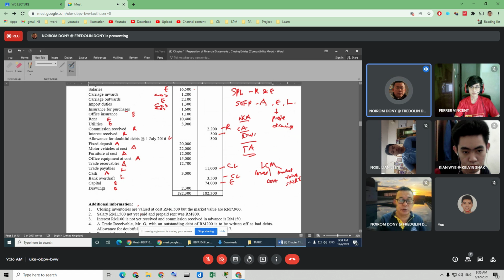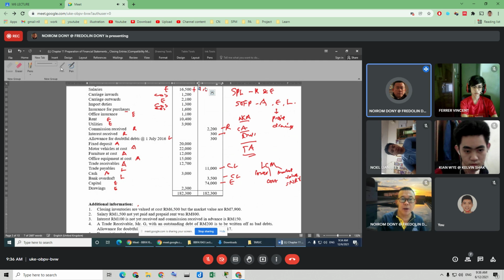The business already consumed this salary expense, but they have not made the payment. So we have to do the recording. So we have to increase the salary, a debit item. So we plus 1,500. When we plus this amount, we are actually debiting already.